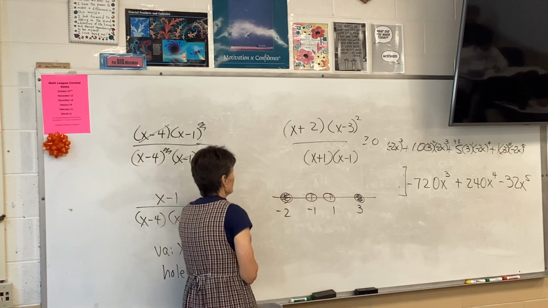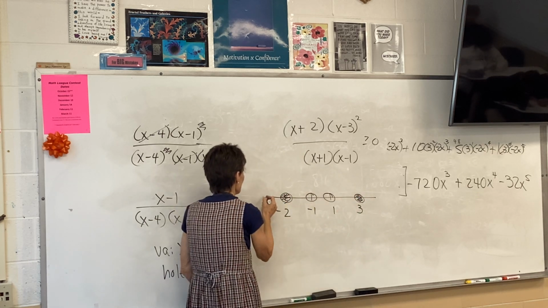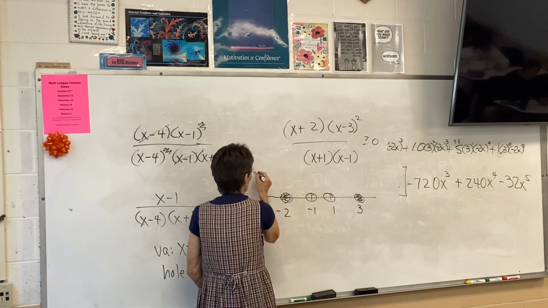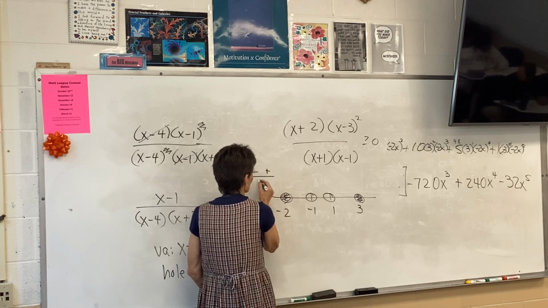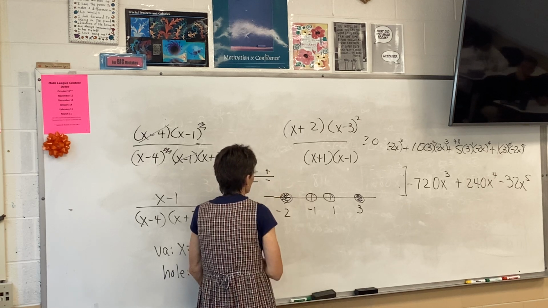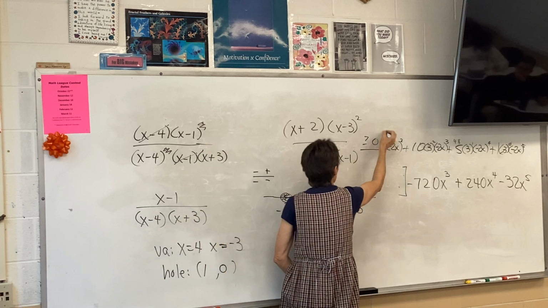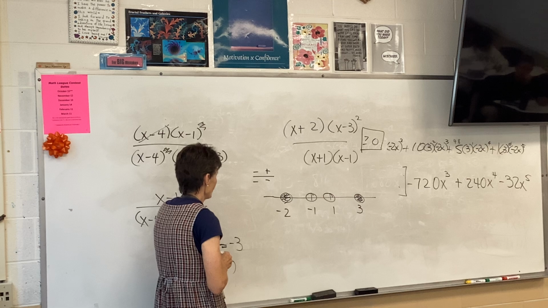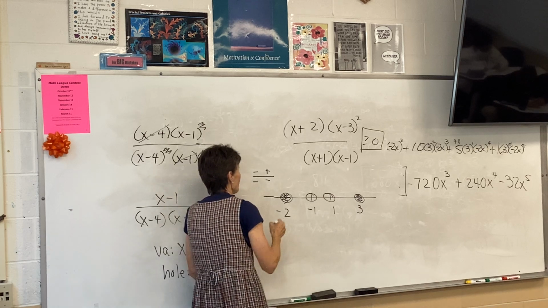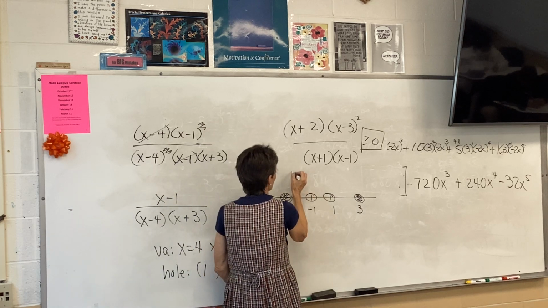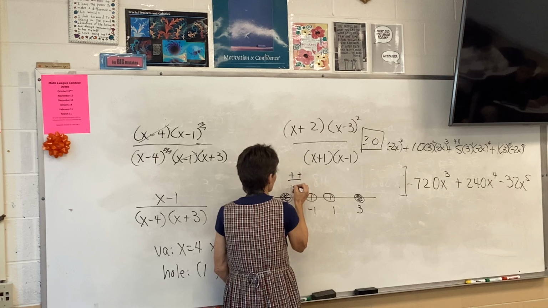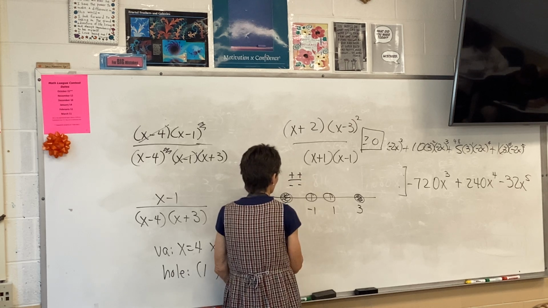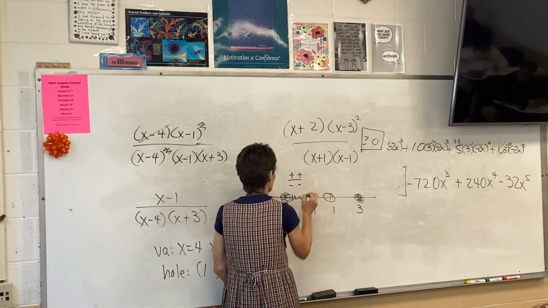Now we'll try -3, that'll be negative, positive, negative, negative. Does that work? I'm trying to get a positive, so that doesn't work. How about -1.5? Positive, positive, negative, negative. That'll work.